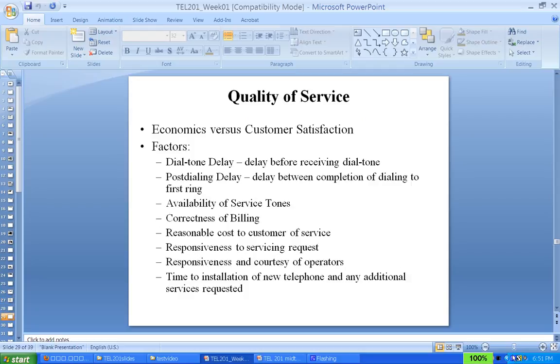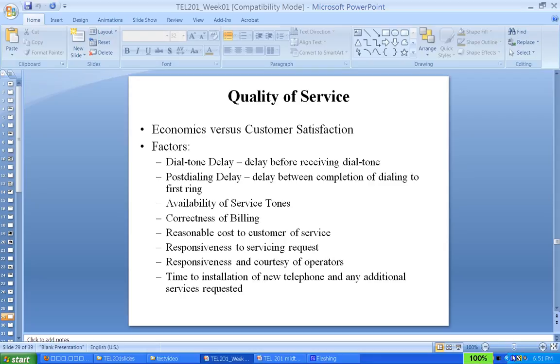And regarding the call service, just like other communication means, for example the internet, we need to have certain reliability for the data we transmit over a network. Very similar case here in the telephone network. For example, we really don't want a long delay after we dial the number.